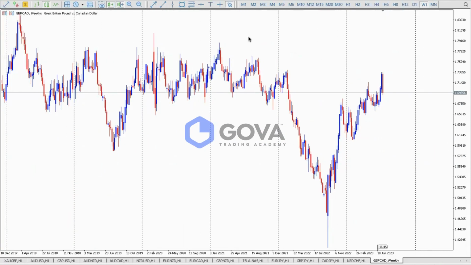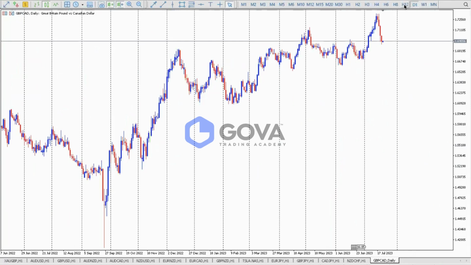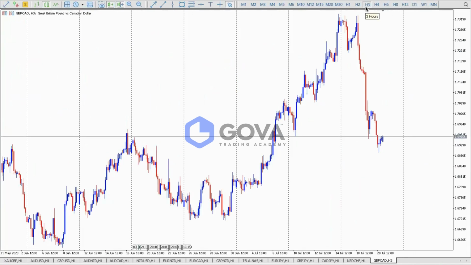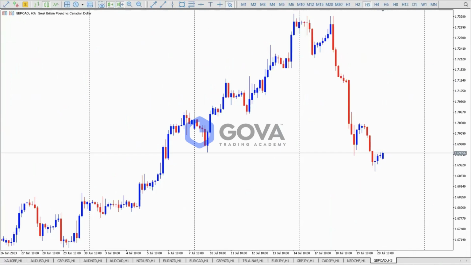So that is what it means by a location on a higher time frame. Remember, the first type of identifying location that I taught you guys is in module 8. In module 8, I taught you how to identify location by looking at the previous period separator, the last formation on the previous period separator.